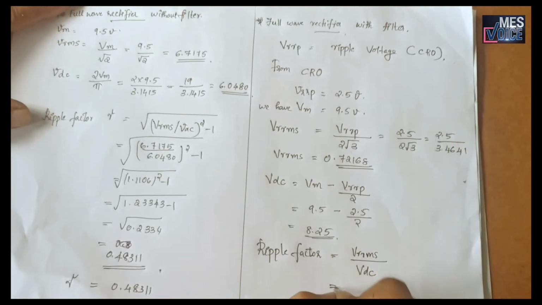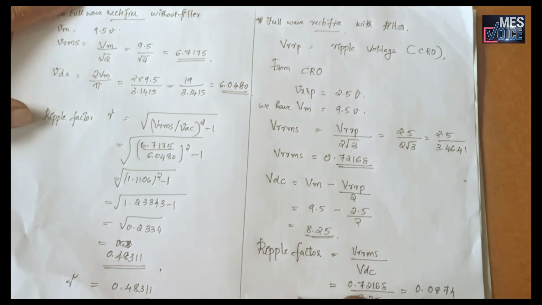Now the ripple factor is calculated by the mathematical equation V_r RMS divided by V_DC, which is equal to 0.72168 divided by 8.25, which is equal to 0.0874.